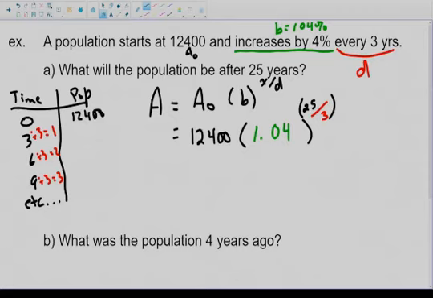Let me pull up the calculator here. So you can see me actually put it in. Just going to clear everything out here.